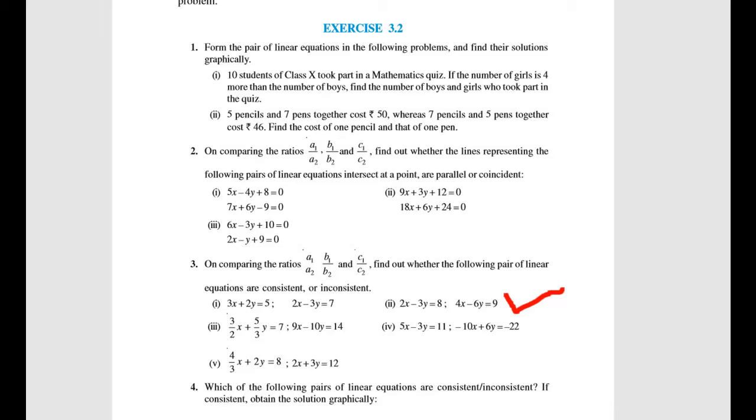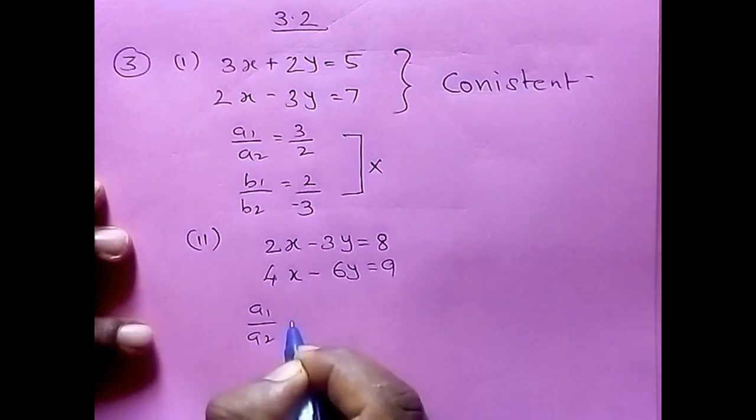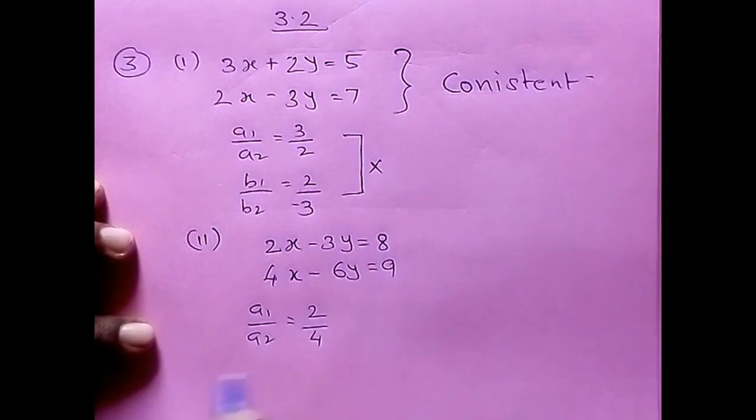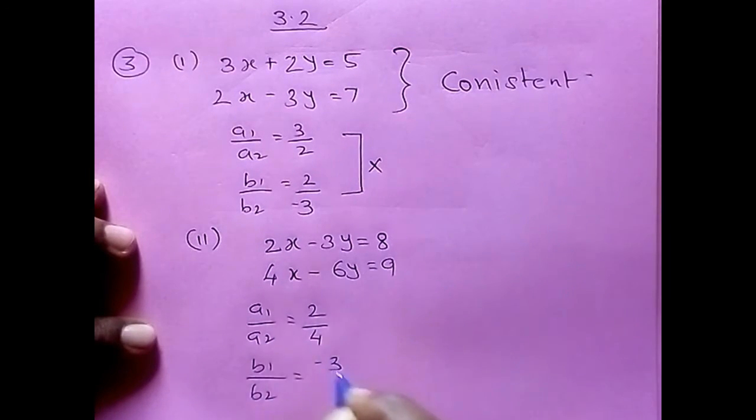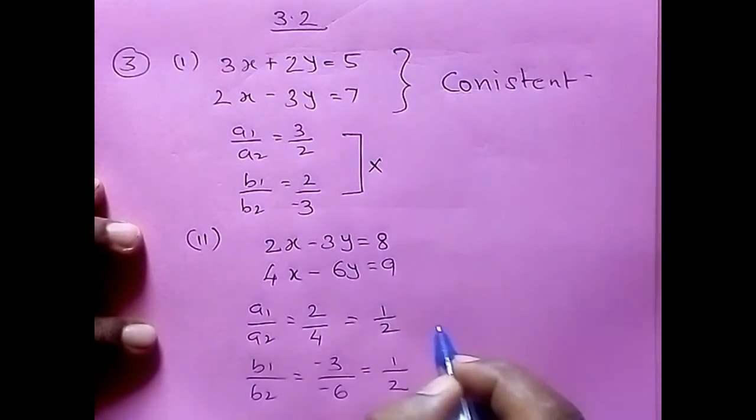Second question, 2x minus 3y equal to 8 and 4x minus 6y equal to 9. A1 by A2 equal to 2 by 4. B1 by B2 equal to minus 3 by minus 6, again equal to 1 by 2.